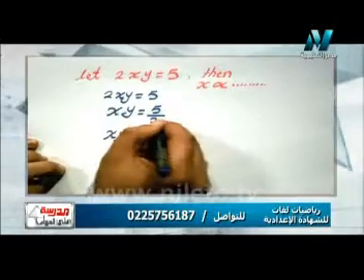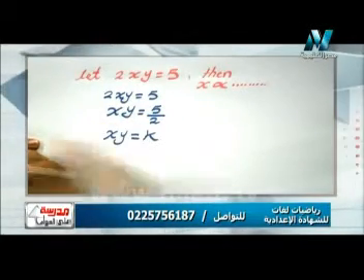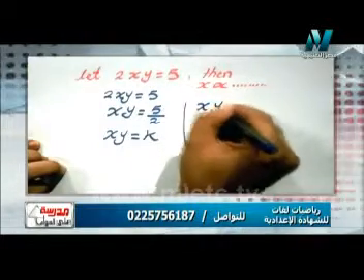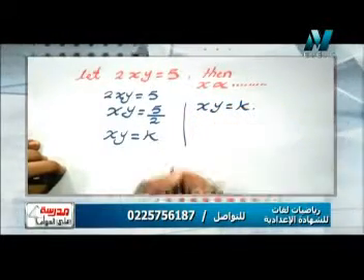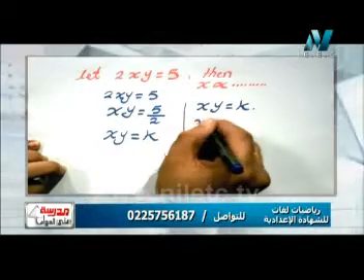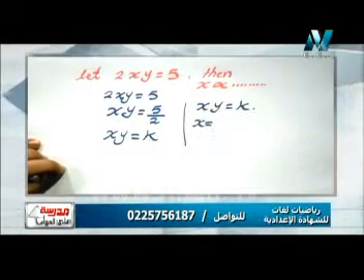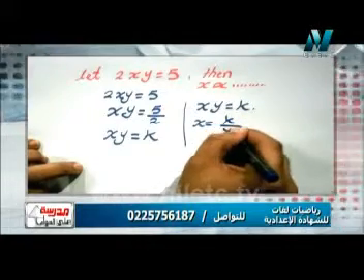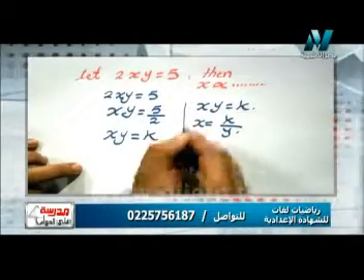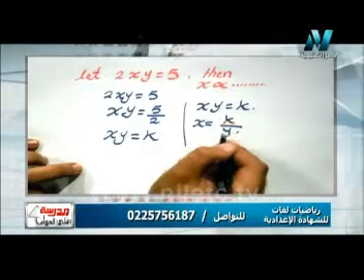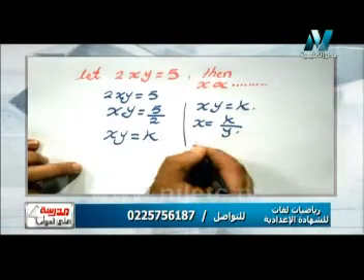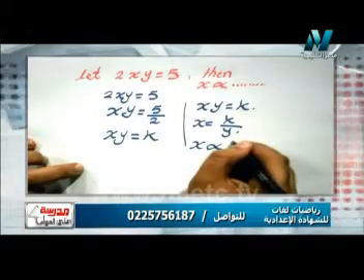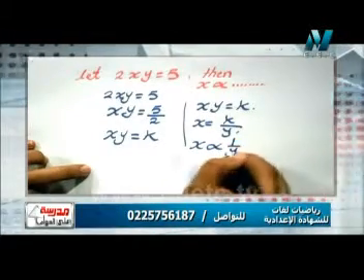Then x times y equals a constant, which means x equals k over y after dividing both sides by y.